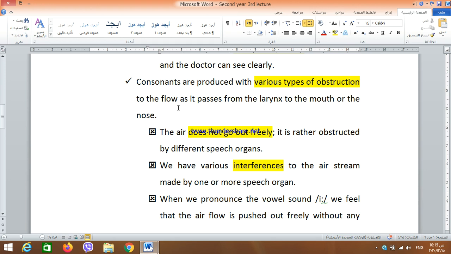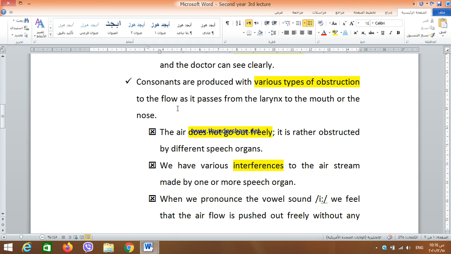So, in the pronunciation of consonants, there is often a contact between actually two speech organs, which make a kind of constriction in the airstream passage. So the air does not go out freely, it's rather obstructed by different speech organs.